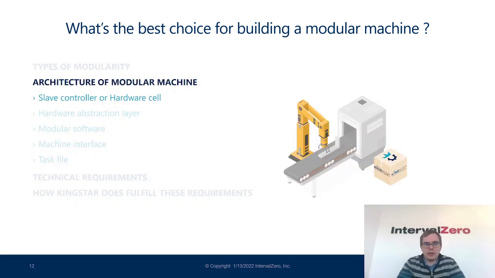The first one is when you're building a hardware or a hardware module, you have to decide how you want to build it. Instead of it being a complete machine, which has its own controller, front end, and everything, it could be a hardware cell, which is a hardware module plugged into a machine. This means it has no controller at all.